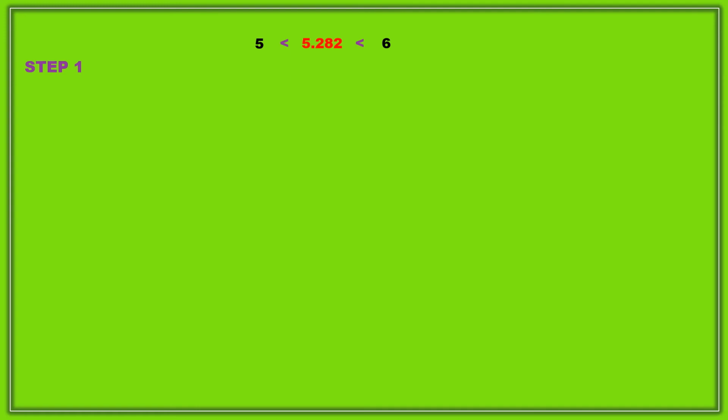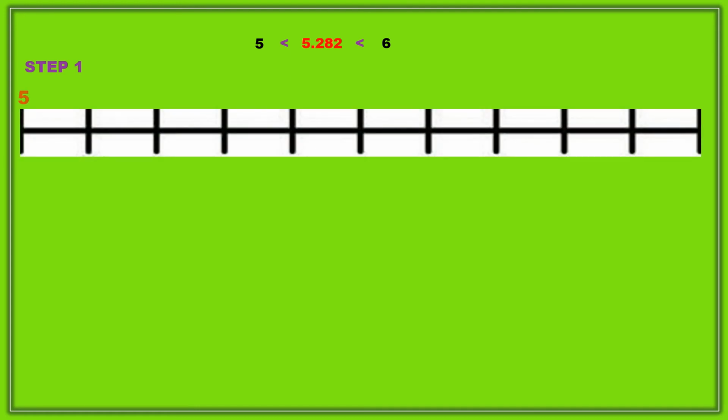So let me represent it on the number line, 5 and 6. In between 5 and 6 we have the numbers 5.1, 5.2, 5.3, 5.4, 5.5, 5.6, 5.7, 5.8 and 5.9. Here the first point is 5.2. First we should show 5.2 because we are magnifying it, so we go in detail.